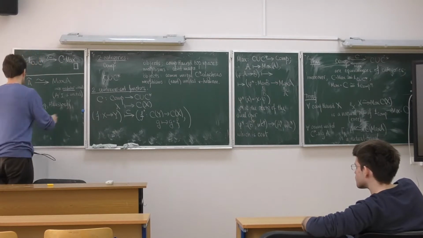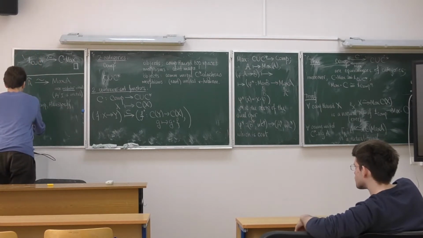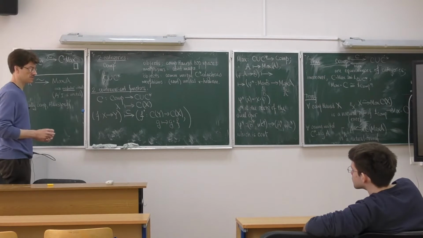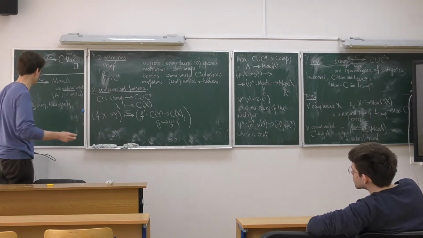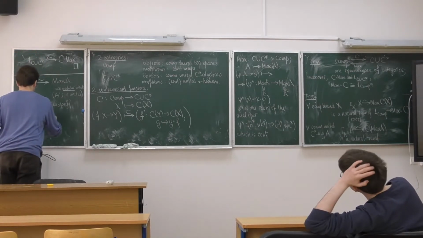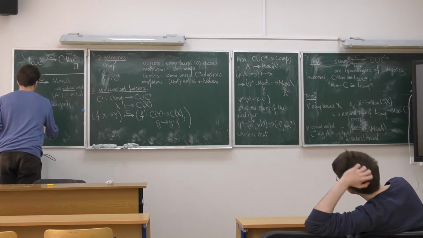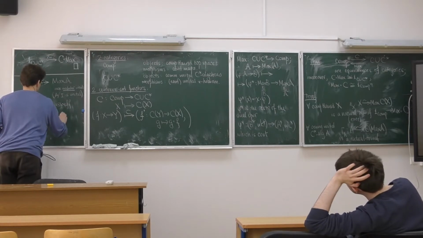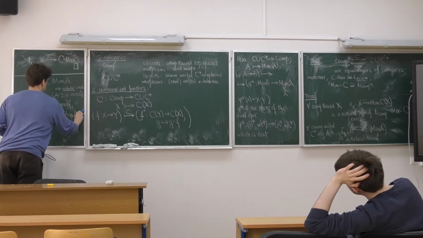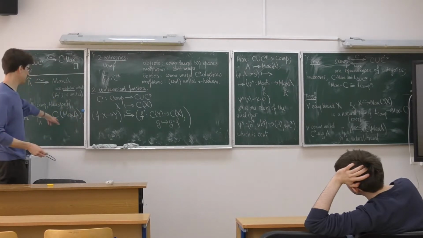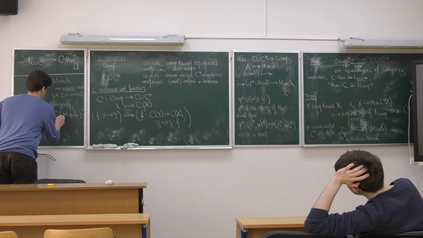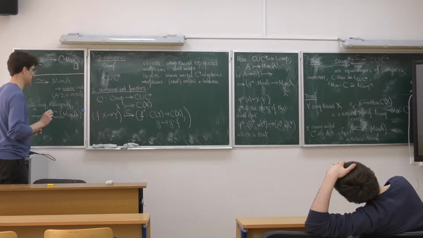And finally, the Gelfand transform of A is defined exactly as in the unital case. But now we can say more. The image of this map is contained in the algebra of those continuous functions which vanish at infinity.